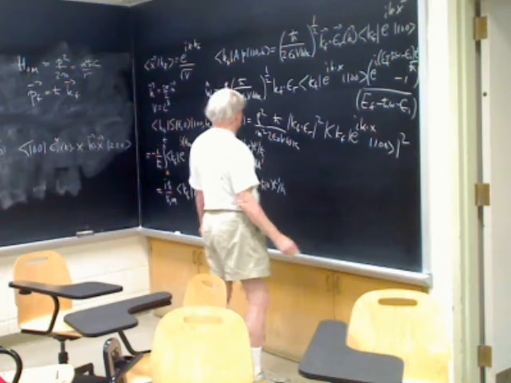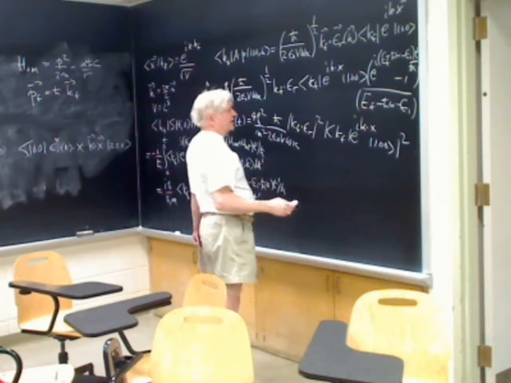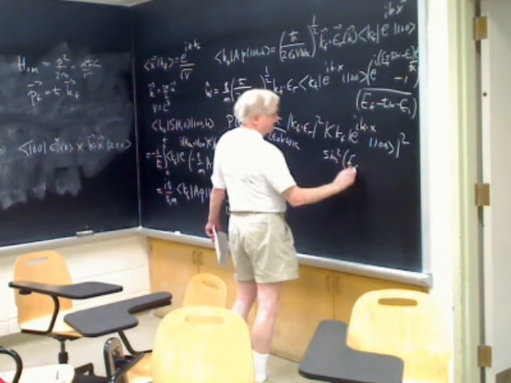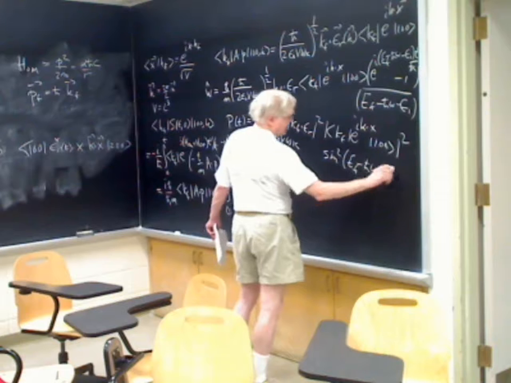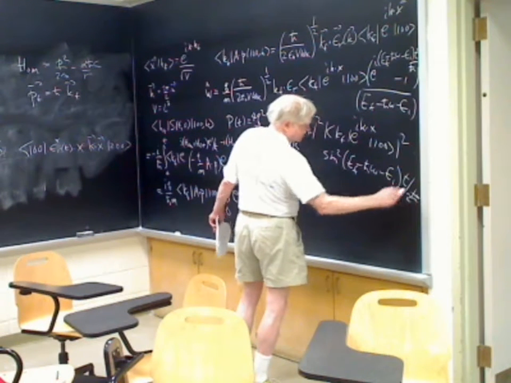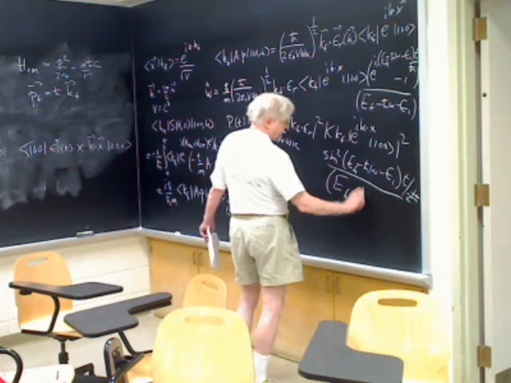There's a 4 kicked out from there, and then we have sine squared of (EF minus h bar omega minus E1) T over 2h bar, divided by the square of the energy denominator.